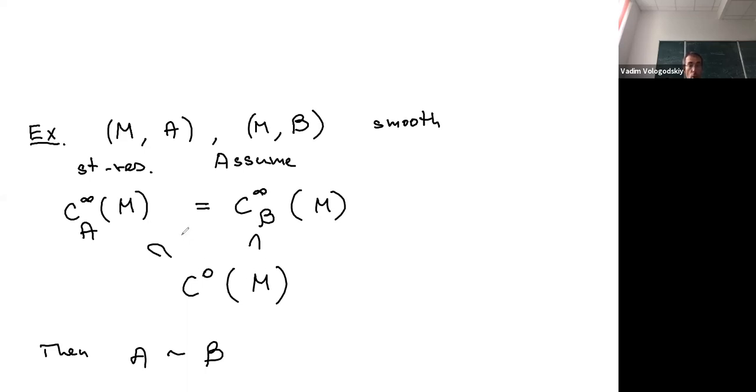In order to define a smooth structure on a manifold, on a topological space, there are two ways of doing this.